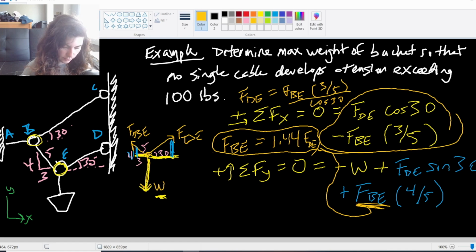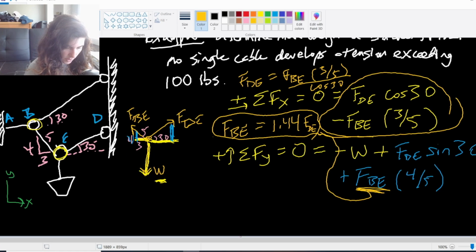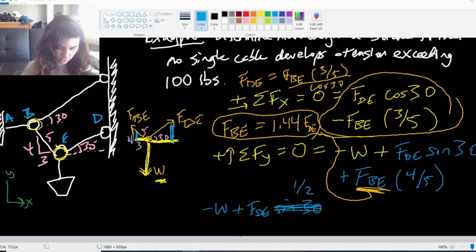So if I plug this in here, I'm going to get, I'll write this in blue, negative W plus FDE sine 30, which sine 30 is just a half. I'm just going to write a half. Plus 1.44 FDE, just that straight substitution, times 4/5.